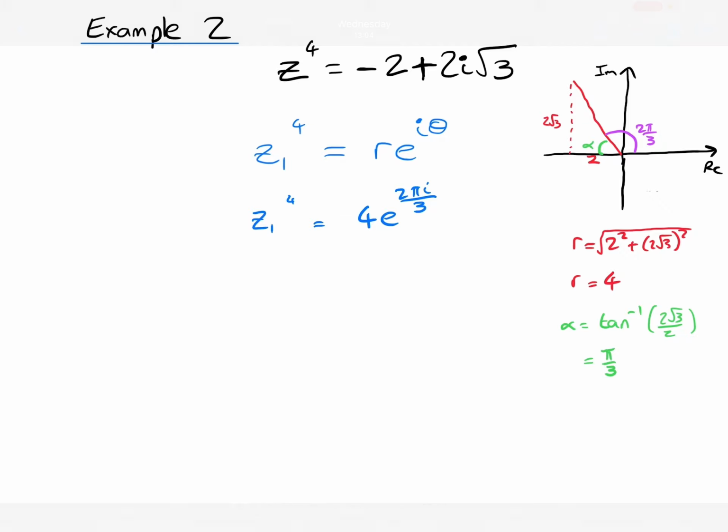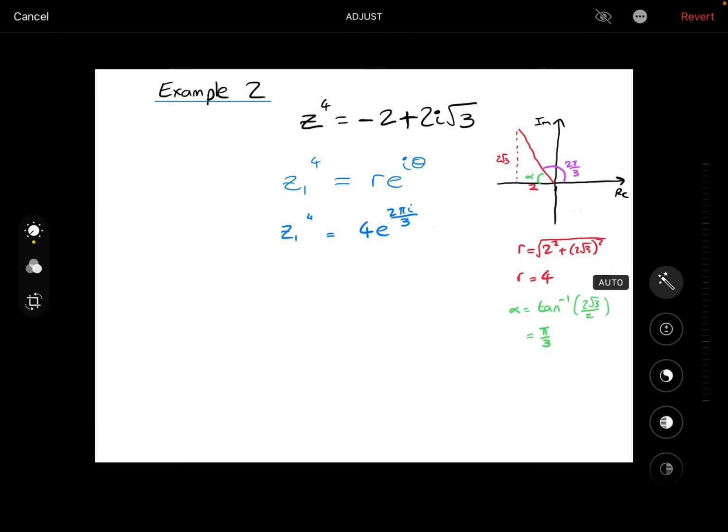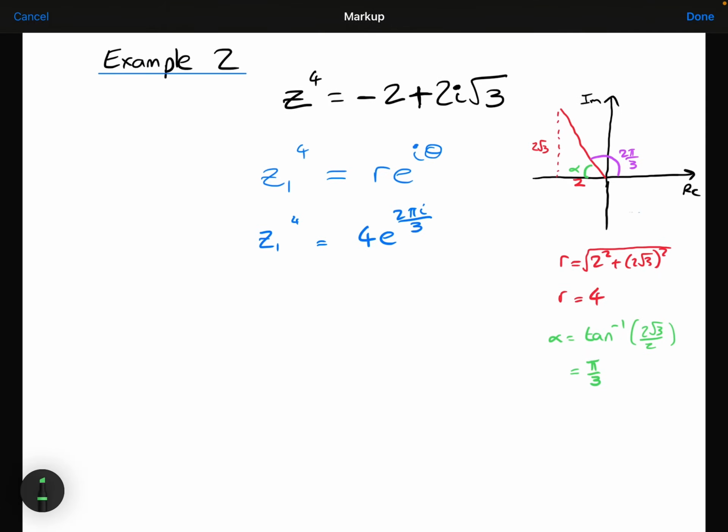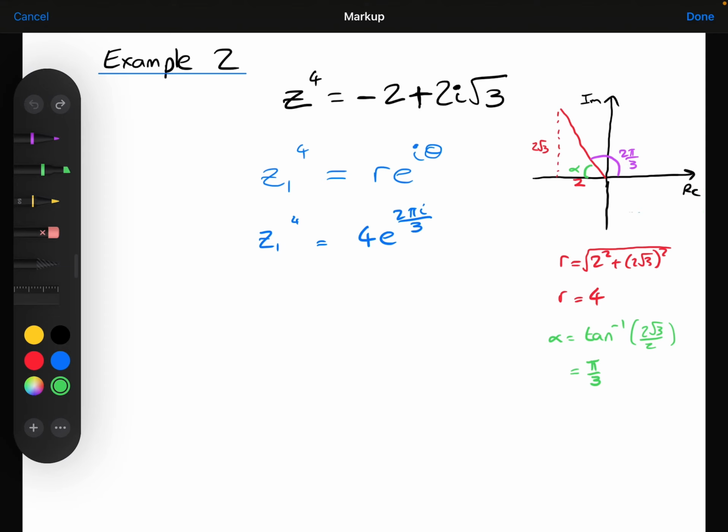So how can we find that first solution? Well, I want to be working in exponential form. So you can see just over here, I have taken the minus 2 plus 2i root 3, and I've written that to work out its modulus as being 4 and its argument as being 2 pi over 3.